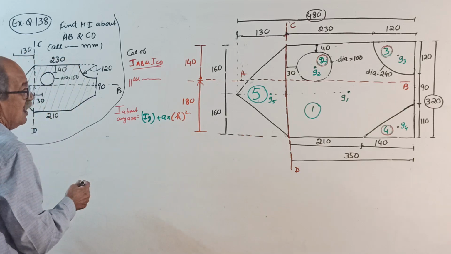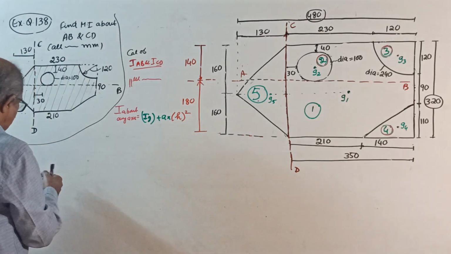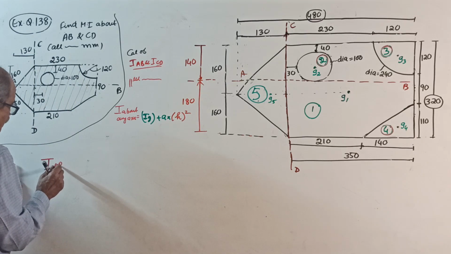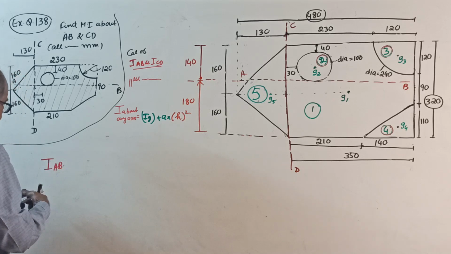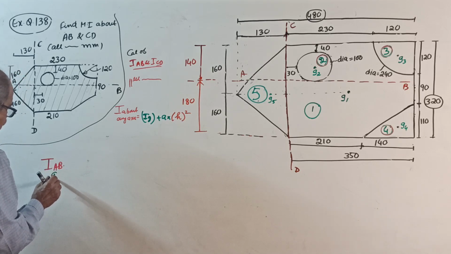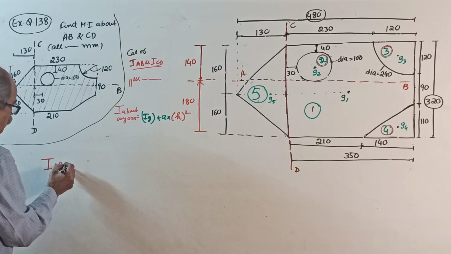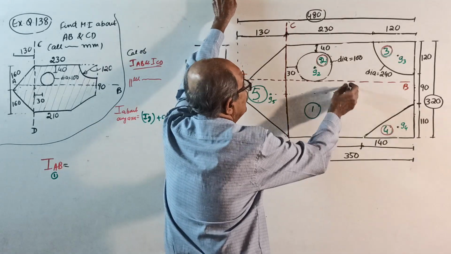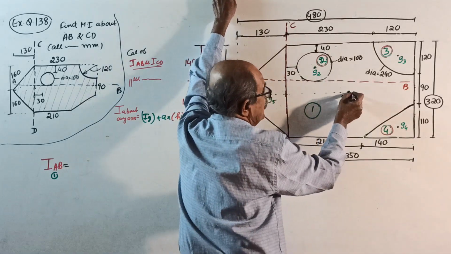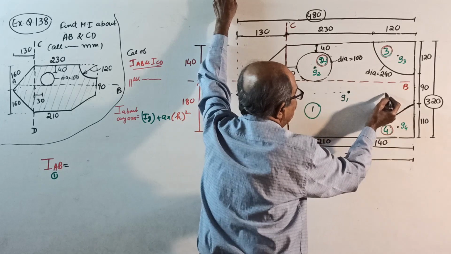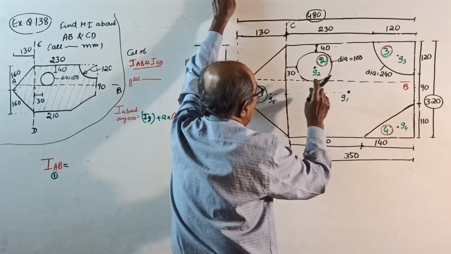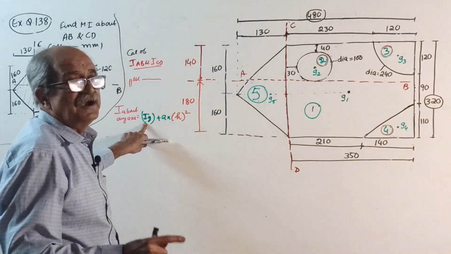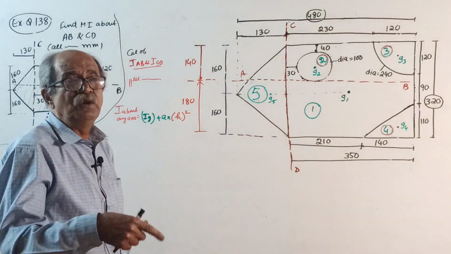Okay, start now. I will start here, first I about AB. I will start from this corner, one by one. I about AB for part number 1, part by part. Come to the centroid of the rectangle, an axis passing through the centroid, parallel to the required axis.